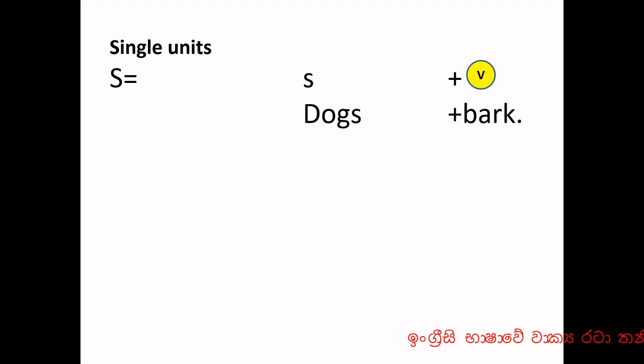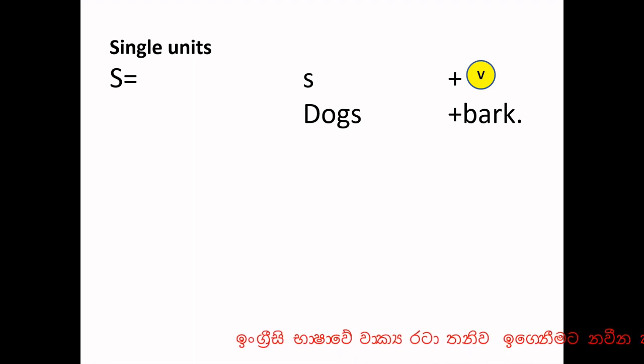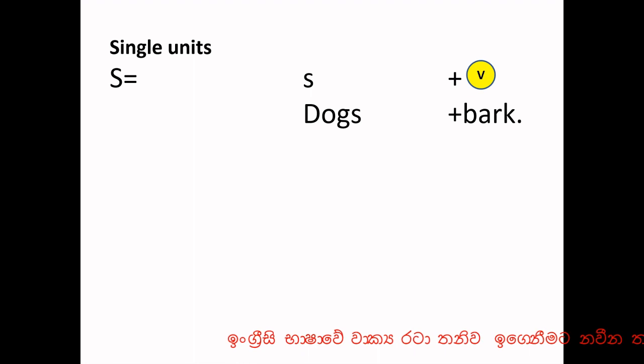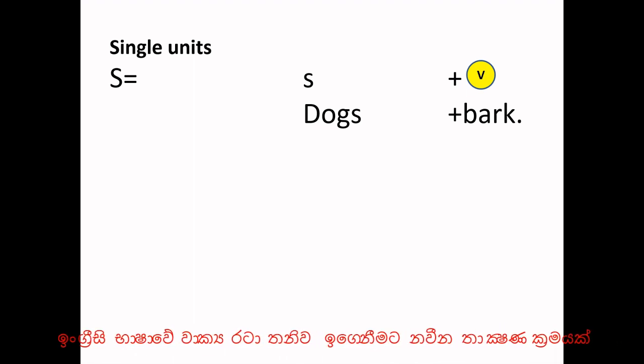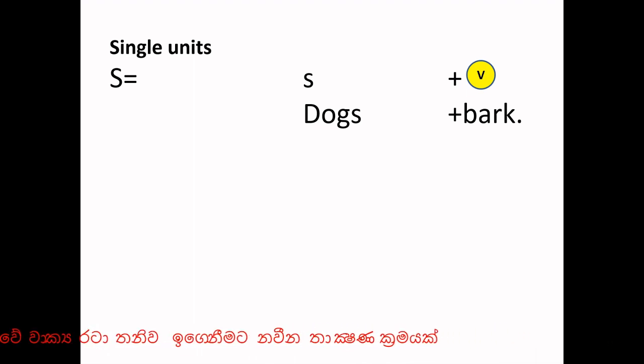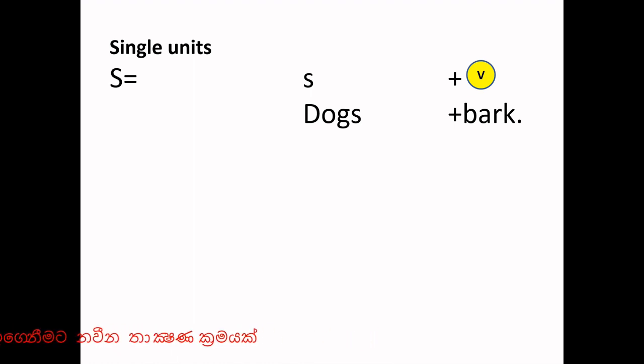So we have S equals S plus V and we write the word bark and tell the students to replace S with dogs. Then very easily any slow learner can understand that S plus V is the basic pattern, and if they are asked to write Baba nida gannawa, they can follow this sentence pattern S equals S plus V and write the sentence the baby is sleeping.